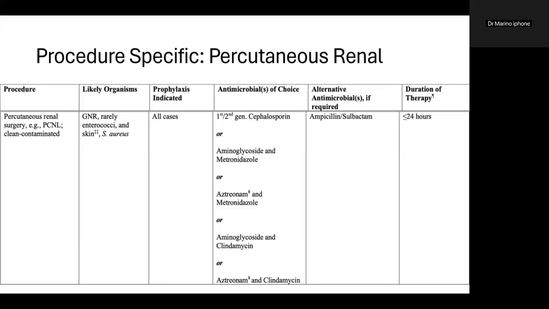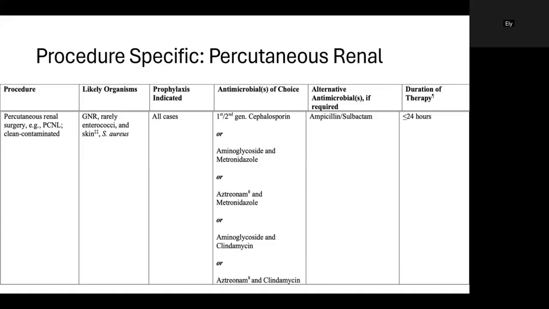So it's something to keep in mind when we see the size and complexity of a stone and we go at it by ureteroscopy: keep in mind the stewardship of the bacteria that may or may not be present.